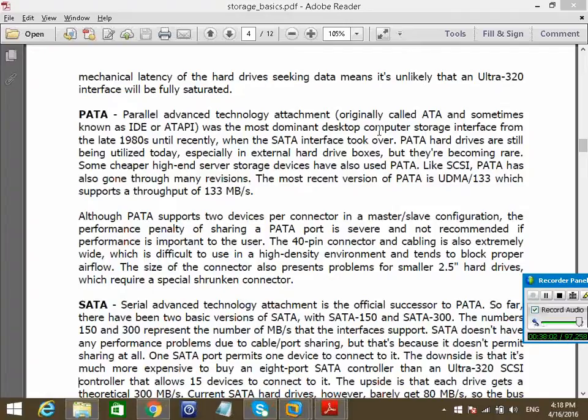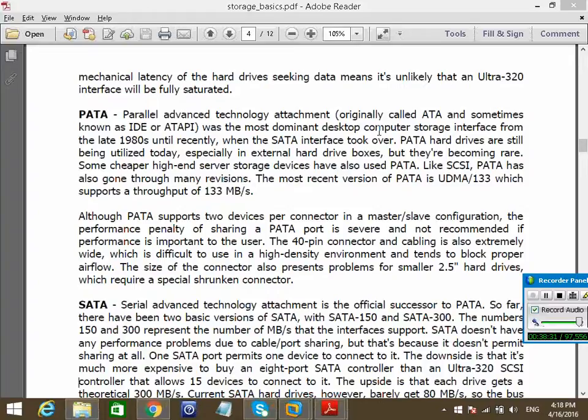Now, although PATA supports 2 devices per connector in a master and slave configuration, the performance penalty of sharing a port is severe and not recommended, so performance is important to the user. It has a 40-pin connector and the cabling is also extremely wide. It is difficult to use in a high density environment and tends to block proper airflow.